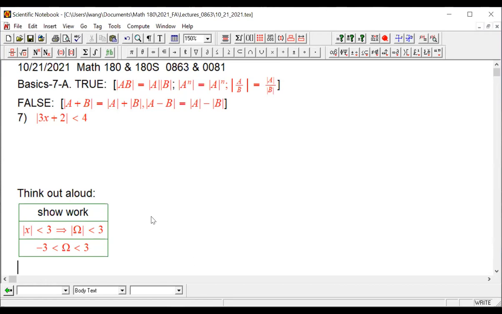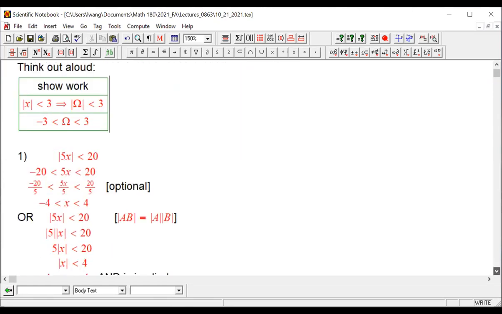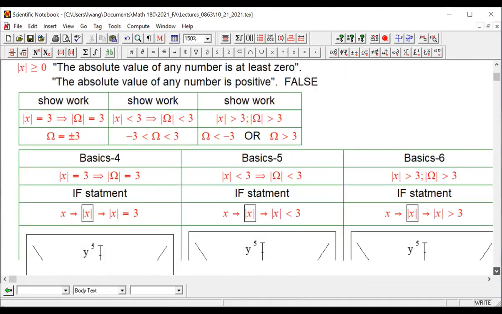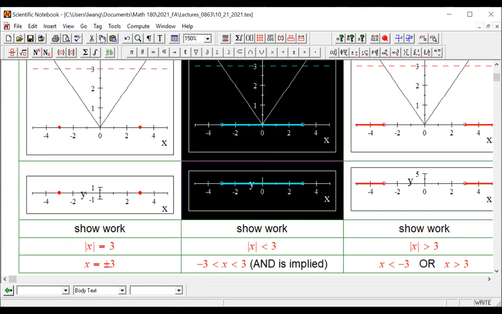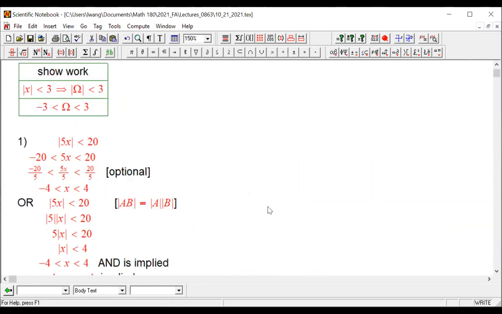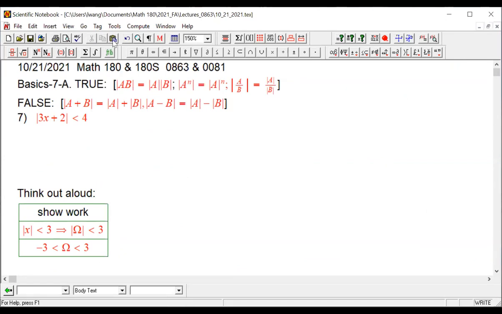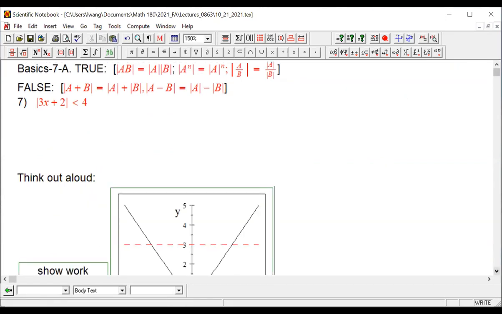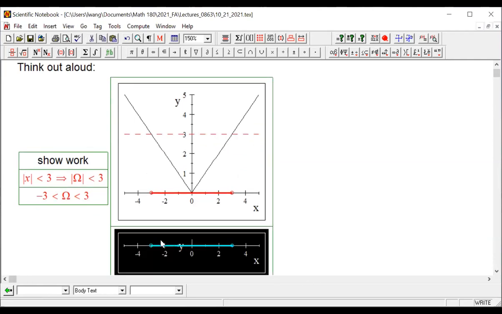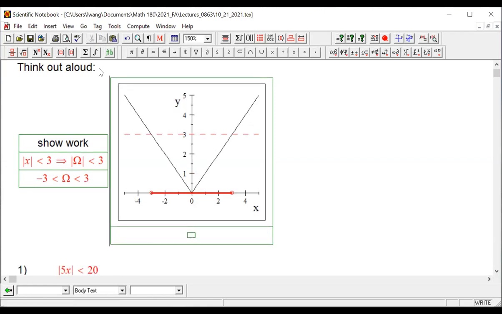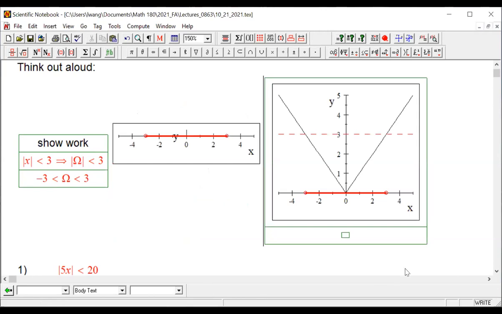You need to have that picture in your mind. I'm going back to these two pictures. You need to have these pictures in your mind.